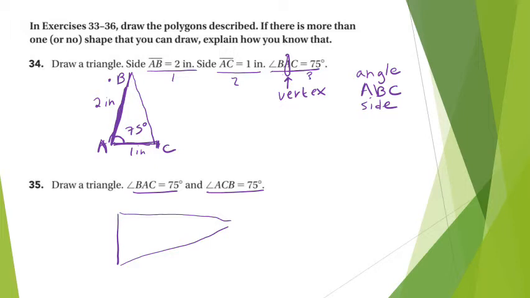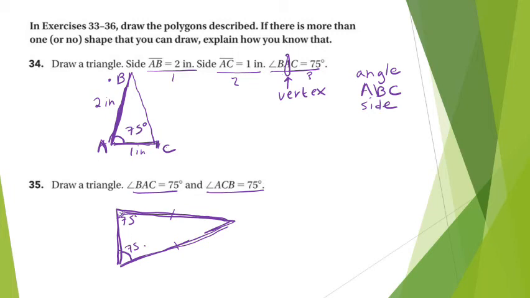And I know this is not my, again, most precise drawing, but you're going to have one that's 75 degrees and another that's 75 degrees. And you might notice that you might end up making a triangle with, for example, 2 kind of equal sides. You might remember this is an isosceles triangle. But again, when you set this triangle up, make sure that there are 2 75 degree angles.